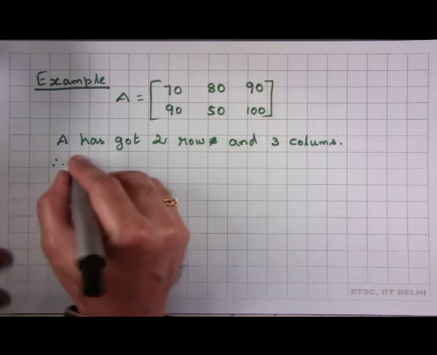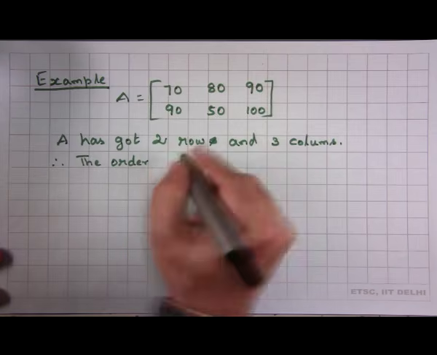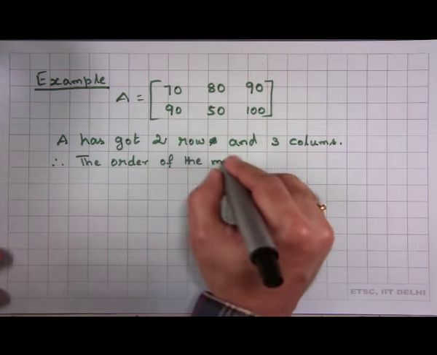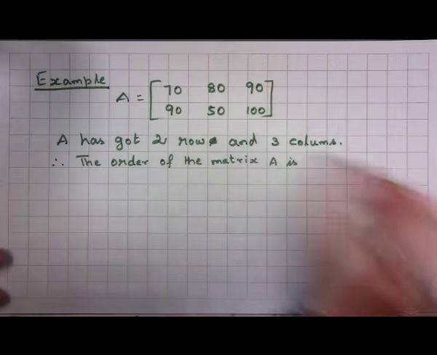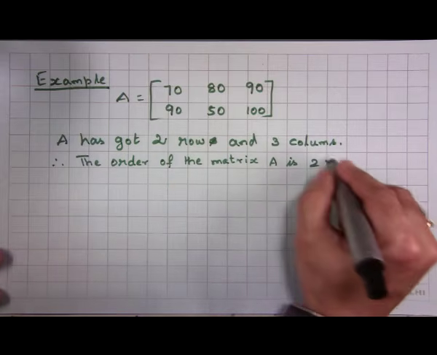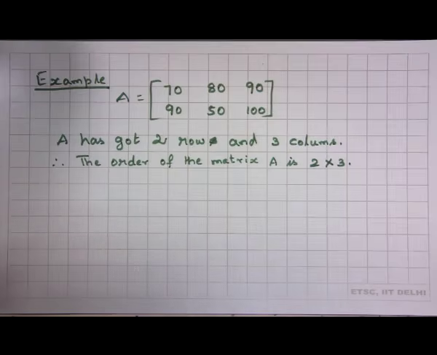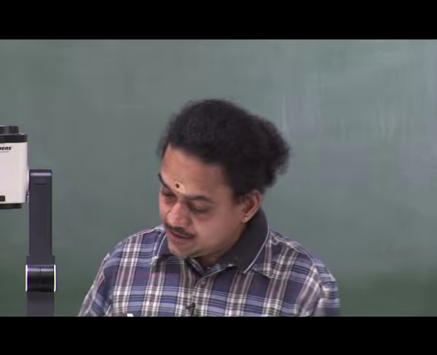Therefore, the order of the matrix A is 2 by 3, right. And you can also notice that it has got 2 into 3, that is 6 elements.